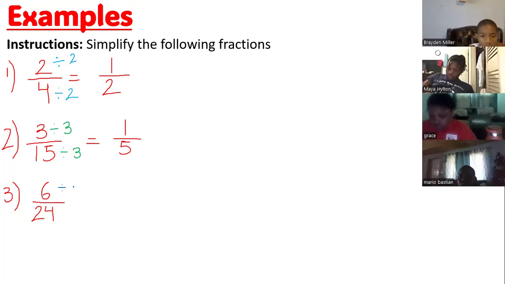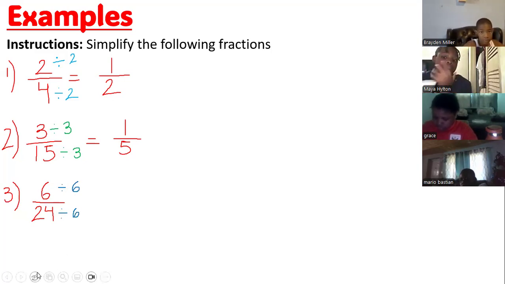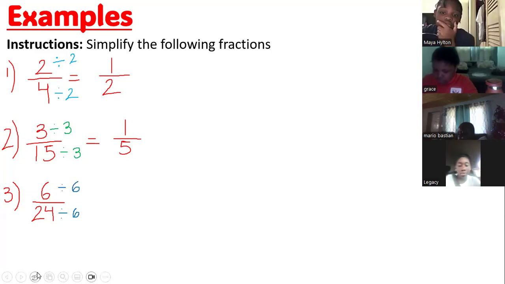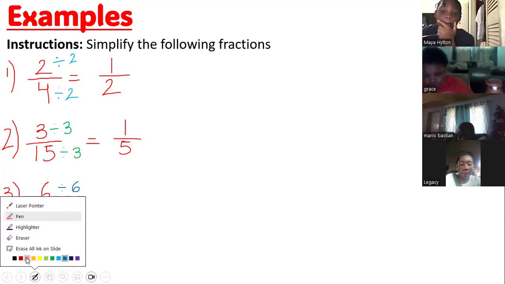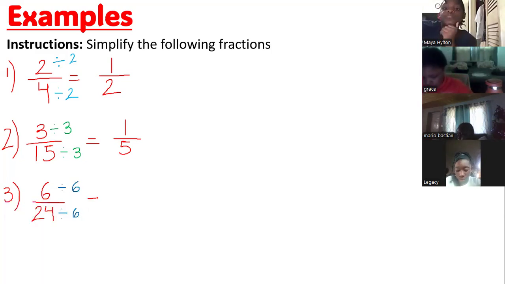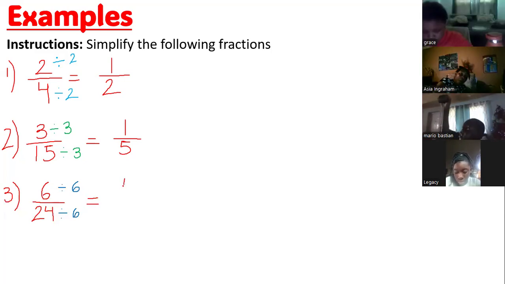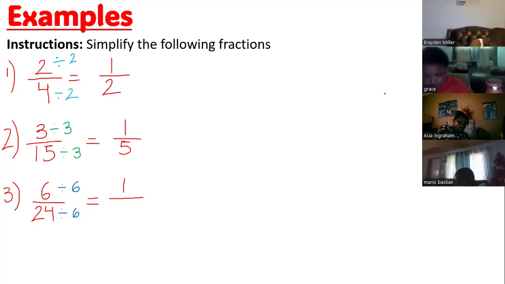So 6 divided by 6 and 24 divided by 6. So it's going to be equal to, what is 6 divided by 6? 1. And what is 24 divided by 6? 4.